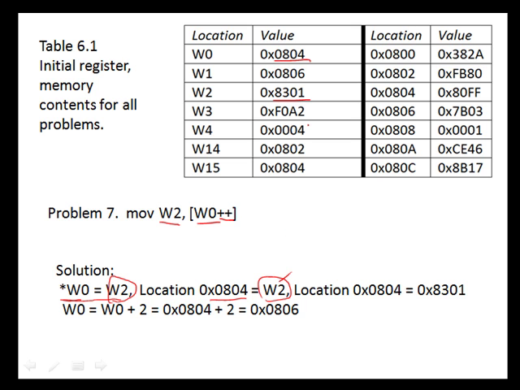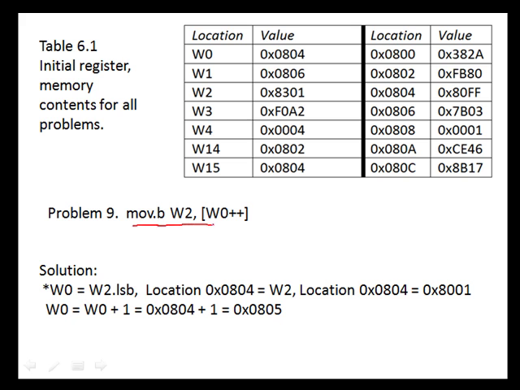W2 has 8301, so the new value of 804 is going to be 8301. Here, because of this post increment, we're going to increment W0 after this memory write is done. We're going to increment it by 2 because this is a word operation. So W0 has 804 plus 2, so the final value of W0 will be 806.